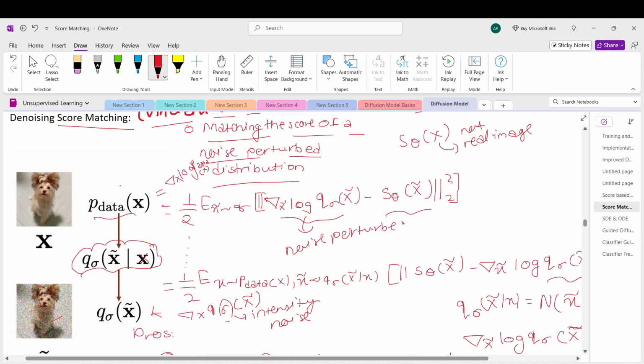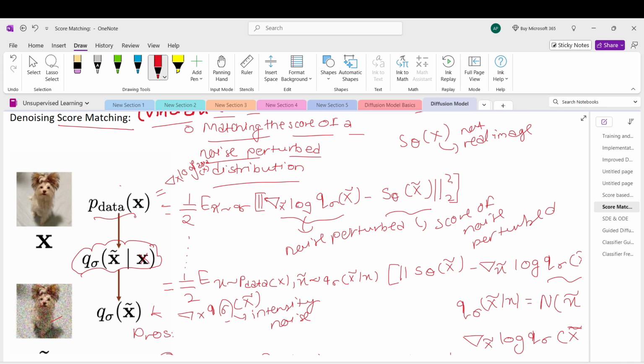This is the score of the noise-perturbed distribution. So rather than focusing on the actual p_data of x, we are just comparing the score of the noise-perturbed distribution.